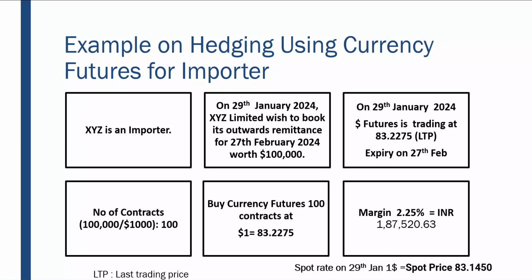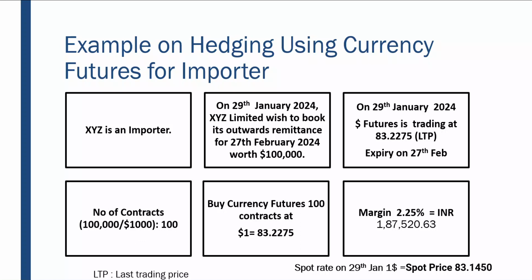So look, assume that there is another person on the other side. He has also accepted my order. That means the order has been executed on 29th of January, where I say that I have bought dollars. Okay, I'll come to you on 27th of February and buy dollars from you.